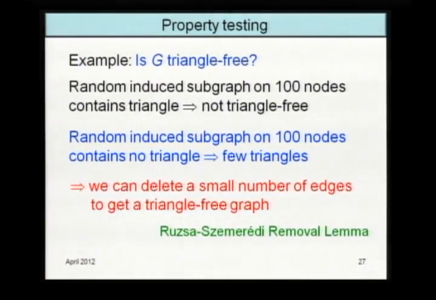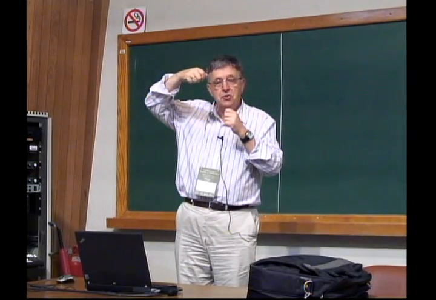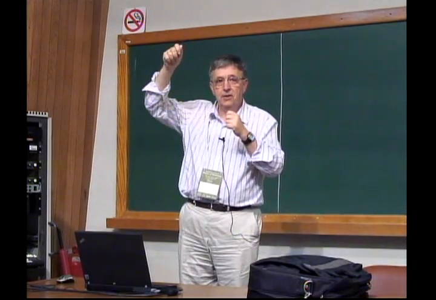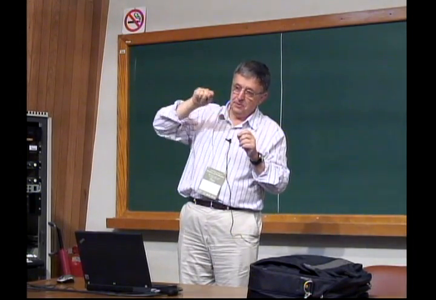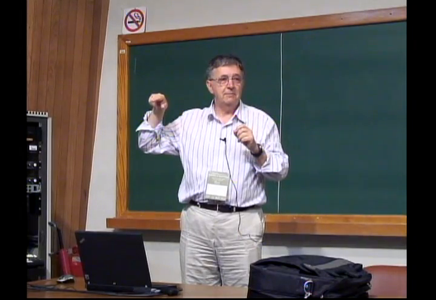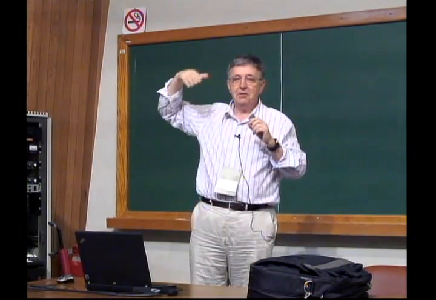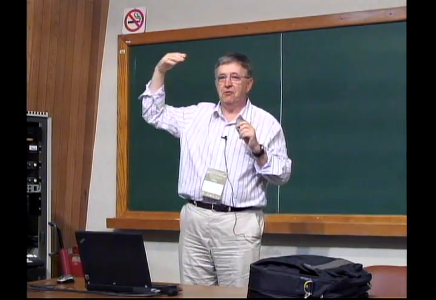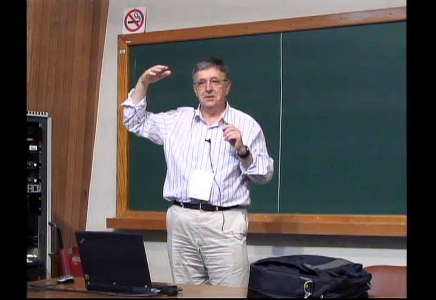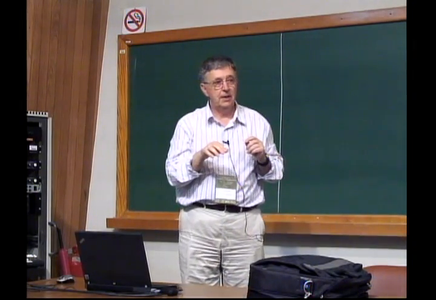And it turns out that epsilon 1 should be something like 1 over 2 to the 2 to the 2 to the 2 to the... a tower of height 1 over epsilon 2. So it's an unbelievably small number. So the number of triangles must be an unbelievably small fraction of all possible triangles in order to get anything decent about the number of edges to be removed.